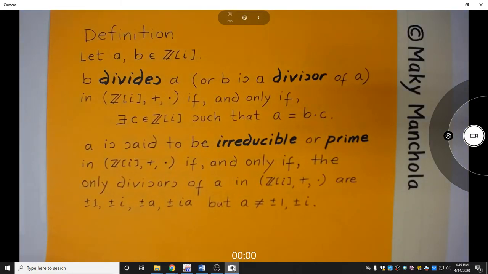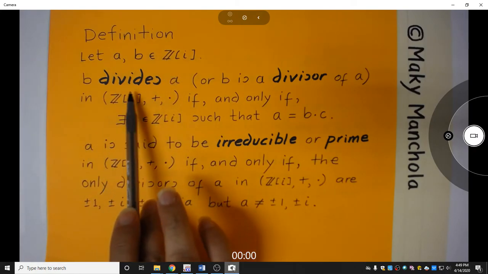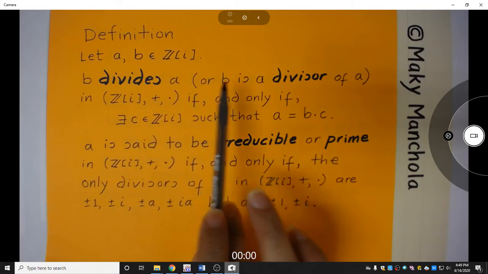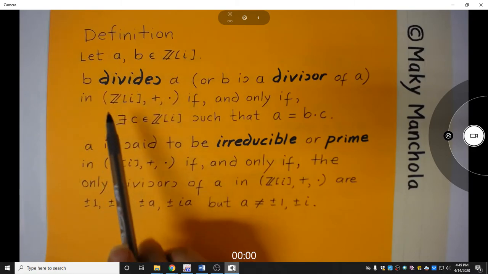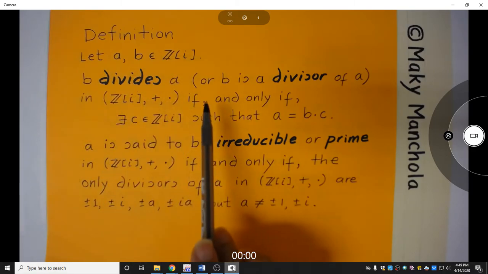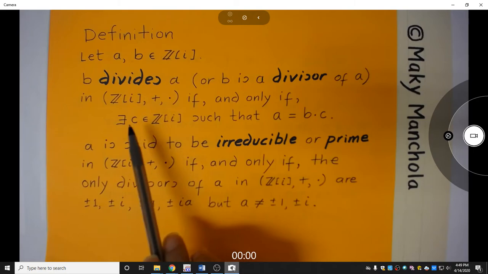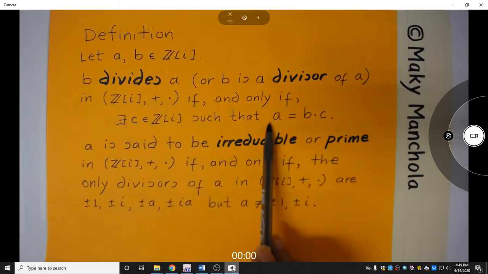Definition. Let a and b be Gaussian integers. We say that b divides a, or that b is a divisor of a, in the structure of Gaussian integers if and only if there exists a Gaussian integer c such that a is b times c.